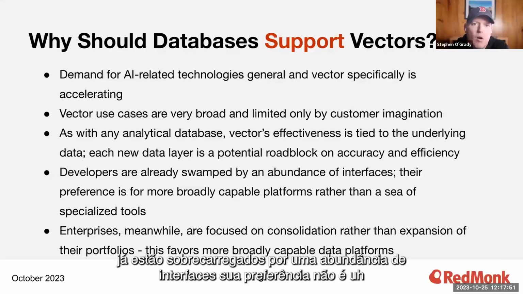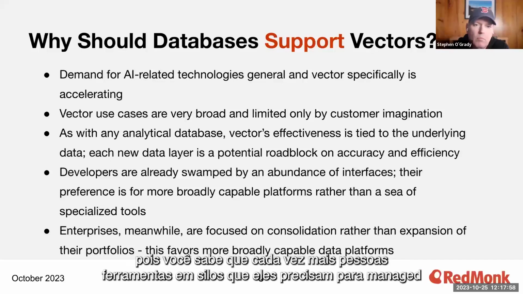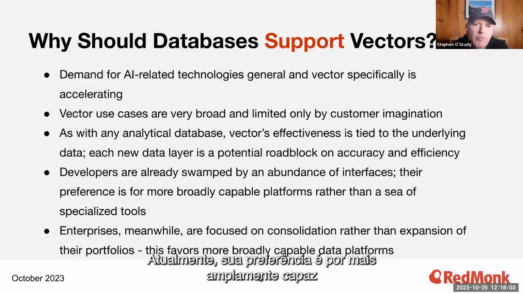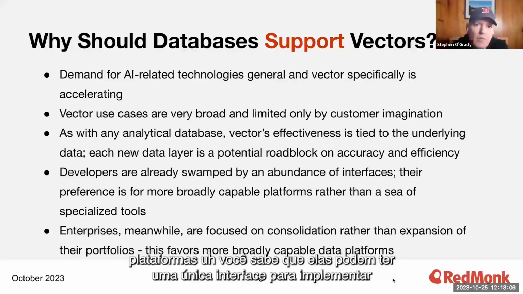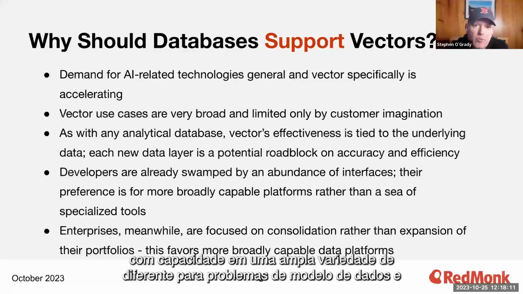And developers are already swamped by an abundance of interfaces. Their preference is not for more and more individual siloed tools that they need to manage. Their preference these days is for more broadly capable platforms that they can have a single interface for, but deploy capably across a wide variety of different data model problems.